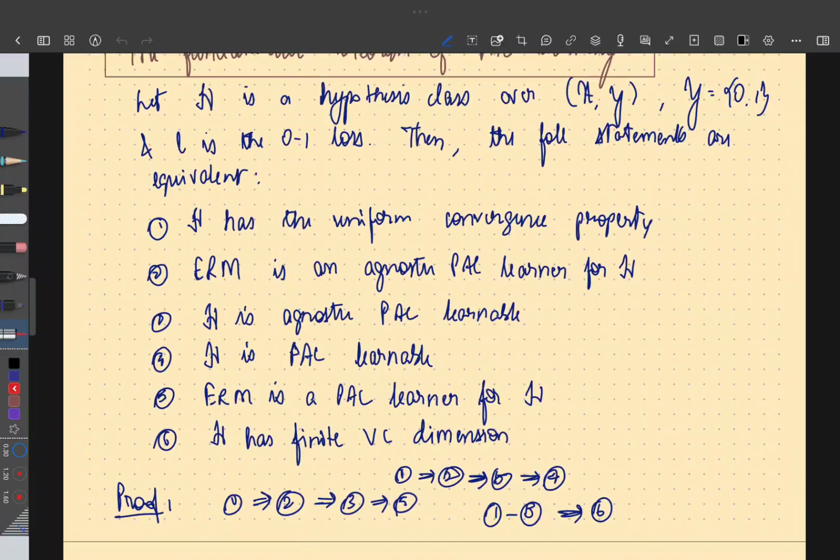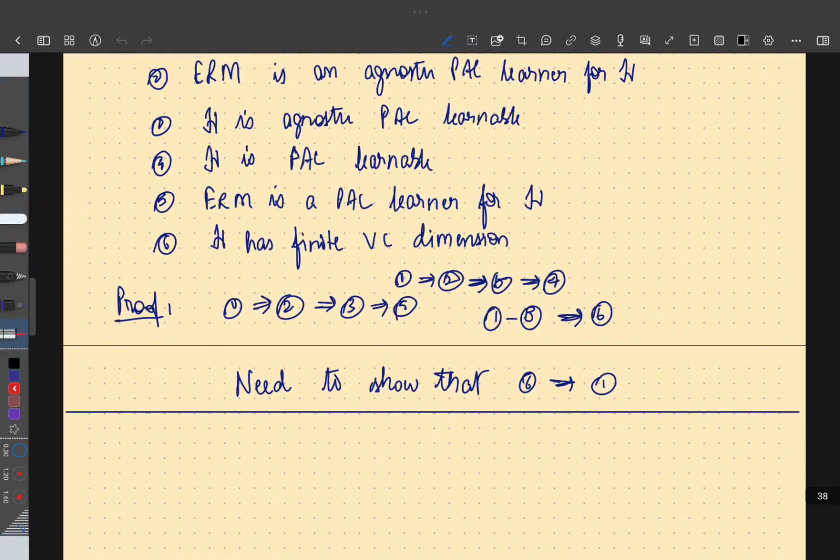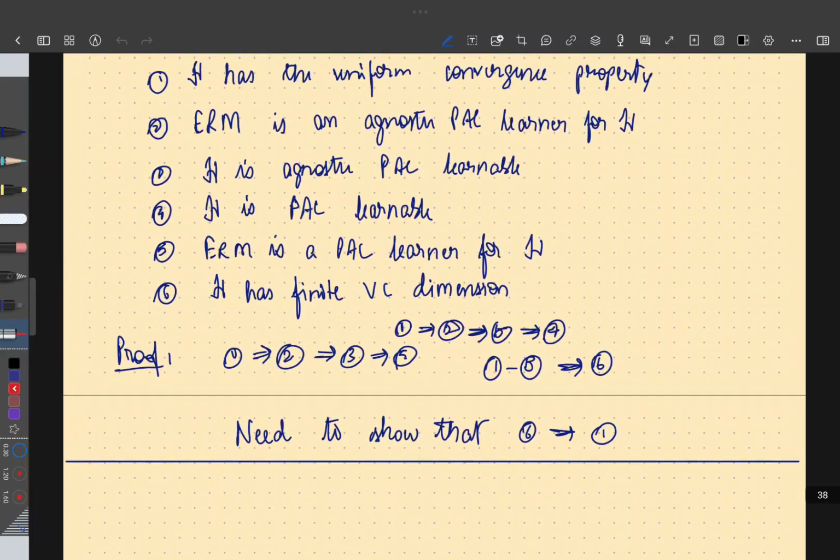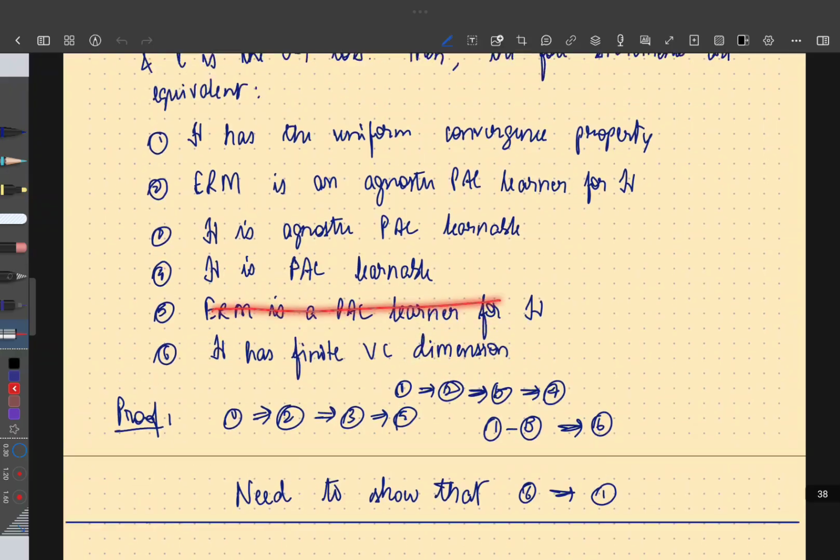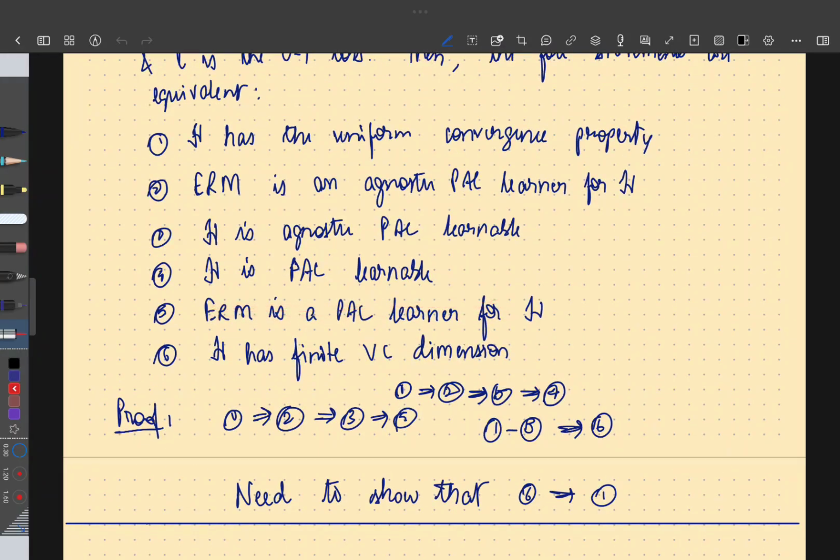And we've seen the equivalence almost in one side completely. The only thing that was left to prove was that if H has finite VC dimension, then the following properties hold. And for that, it's enough to show that if H has finite VC dimension, then either ERM is an agnostic PAC learner for H, or H has the uniform convergence property. All right.